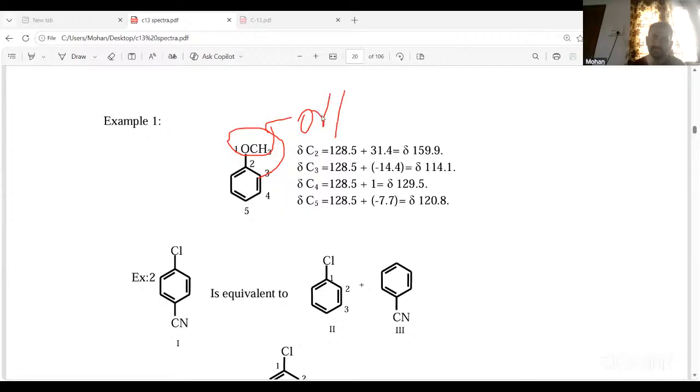It is considered ortho to this C3 carbon. That's why we are taking minus 14.4. You can see the above table.